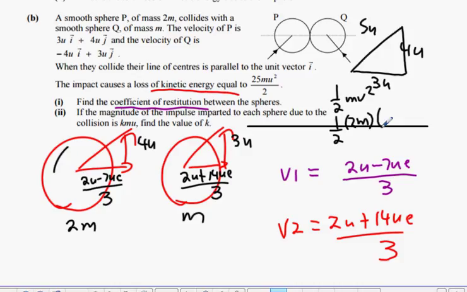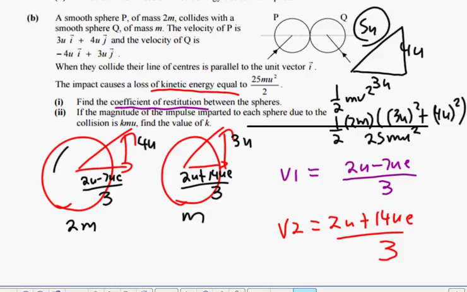So you could have done it as 3u squared plus 4u squared if you wanted, or you can simply square the hypotenuse. You got that? A half times 2m cancels, so it's going to be 25. Everybody happy with 25mu squared? So the loss of kinetic energy is half of that, so not even close. I'm not even close to getting this done now.